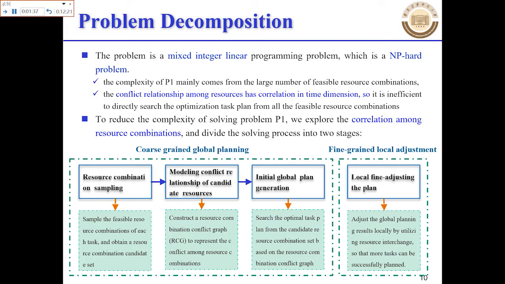The second stage is fine-grained local adjustment, which aims to adjust the global planning results locally by utilizing resource interchange so that more tasks can be successfully planned. Hereinafter, the algorithm designed for the two stages will be introduced in detail.